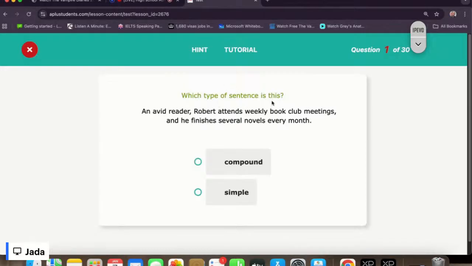Okay, so which type of sentence is this? An avid reader, Robert attends weekly book club meetings and he finishes several novels every month. First to second.